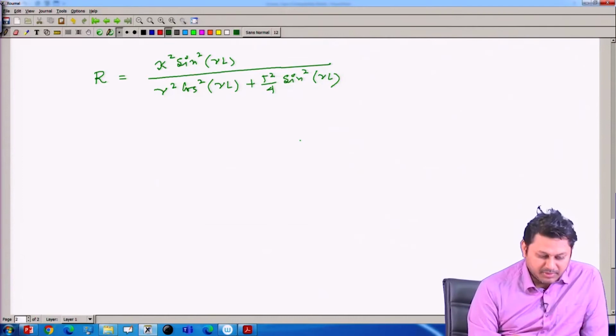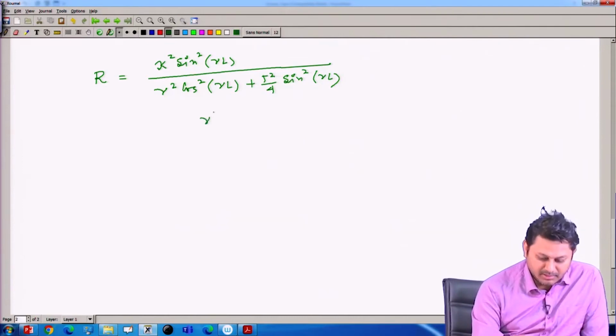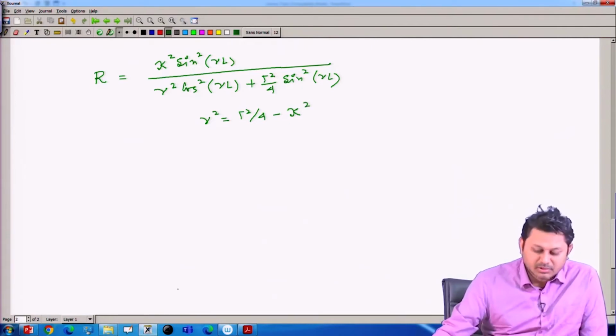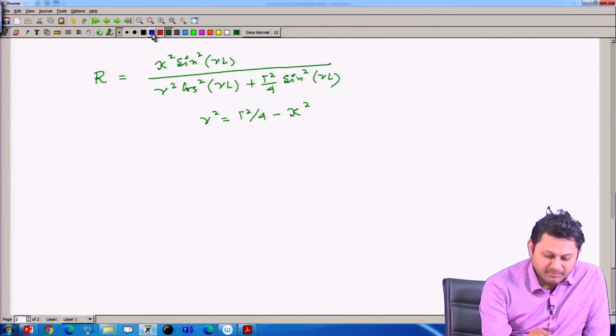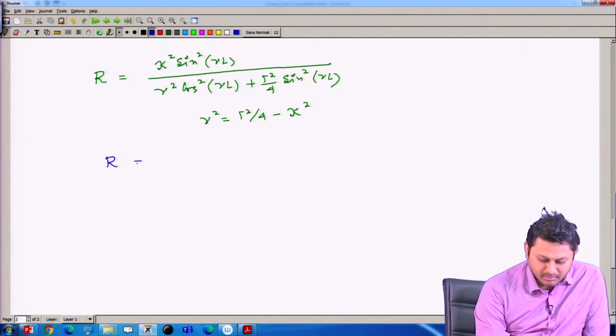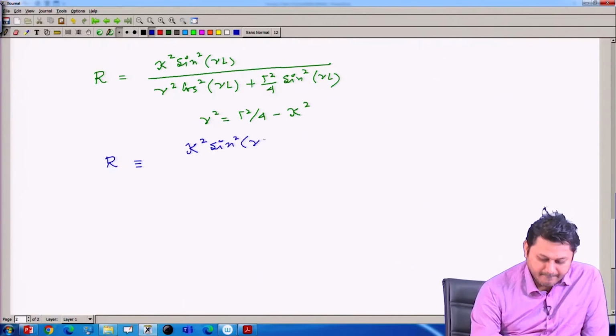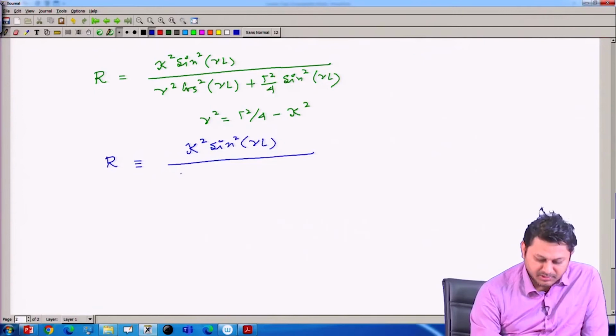Now, we can use the relation that gamma square is equal to big gamma square divided by 4 minus kappa square. That is the equation we know. And if I use this here, then R can be represented as kappa square cos square gamma L. I insist the students please calculate this on your own. Exactly the procedure I used in the earlier cases, here also I am using the same thing.